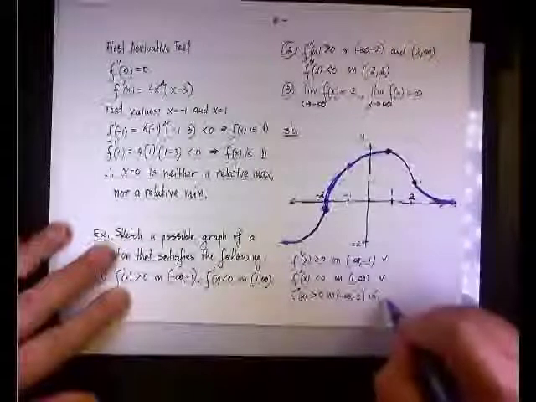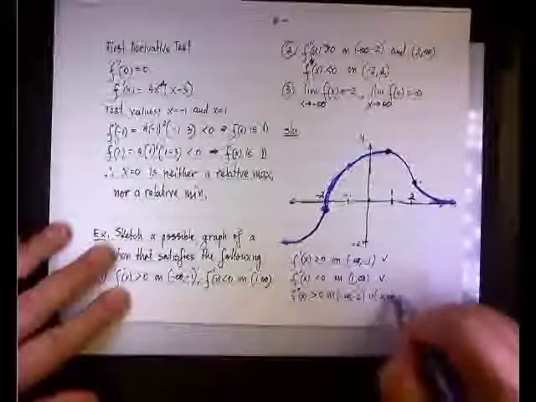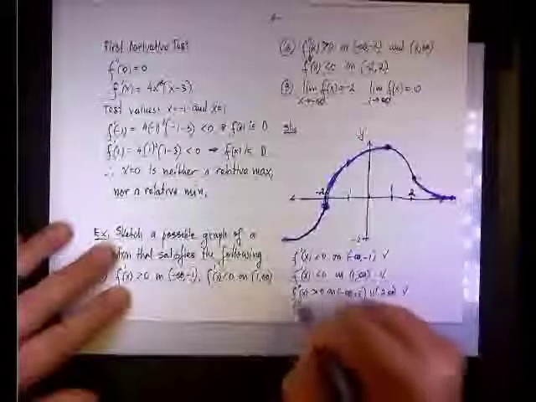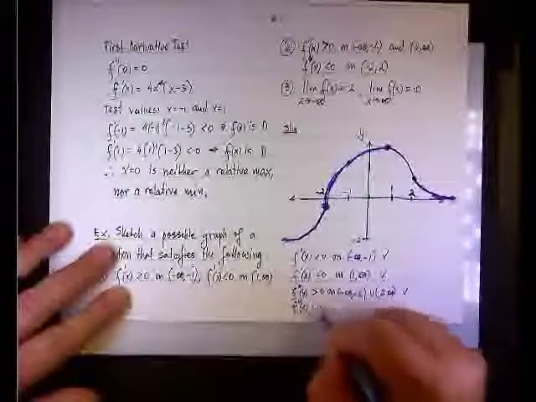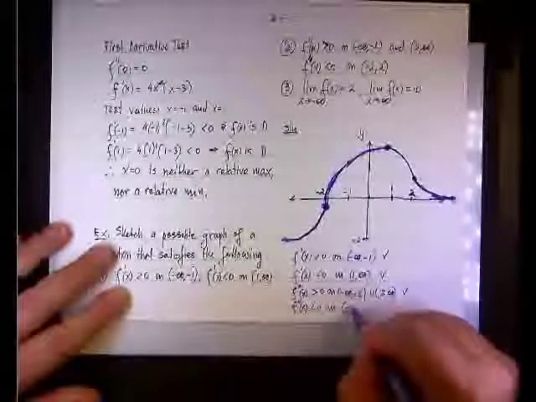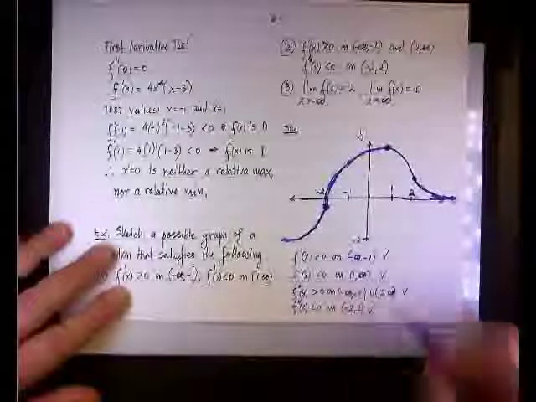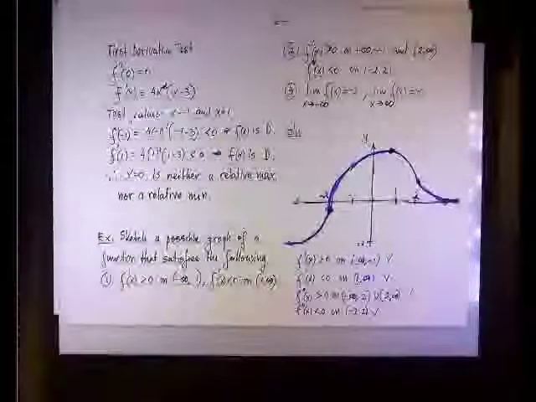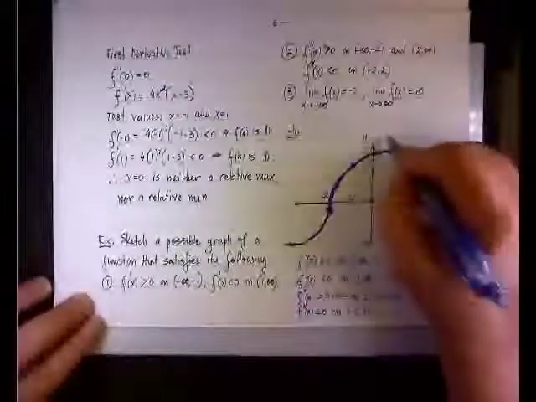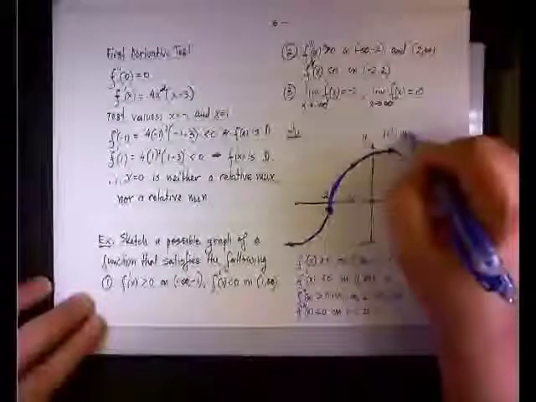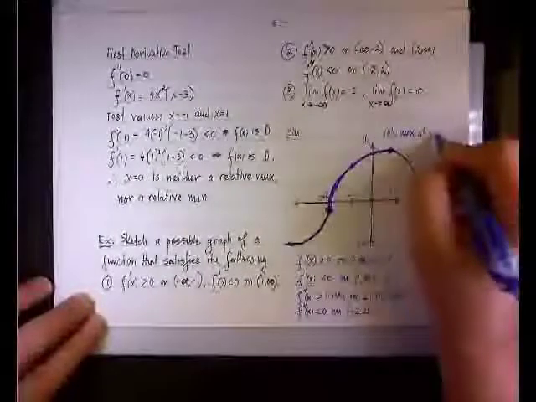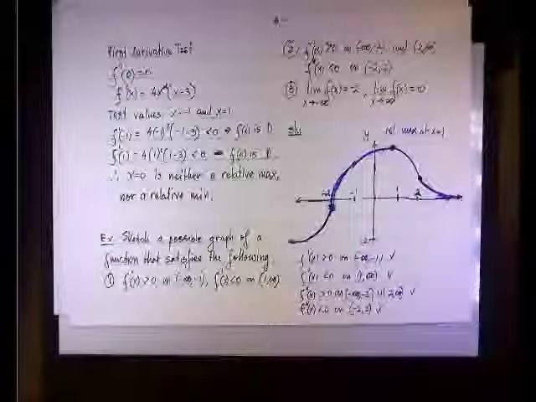Union 2 to infinity, checked. f double prime is negative on negative 2 to 2, checked. So we have a relative max at x equals 1. Okay, guys.